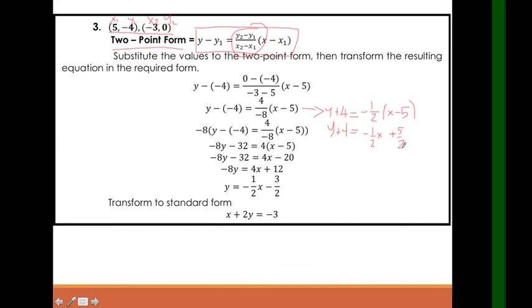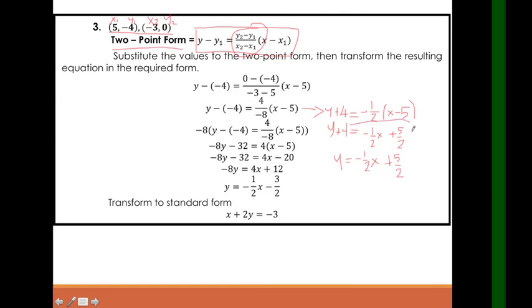Okay. So we will transpose this one. So it will become y equals negative 1 half x plus 5 over 2 and then this will become negative 4, right?